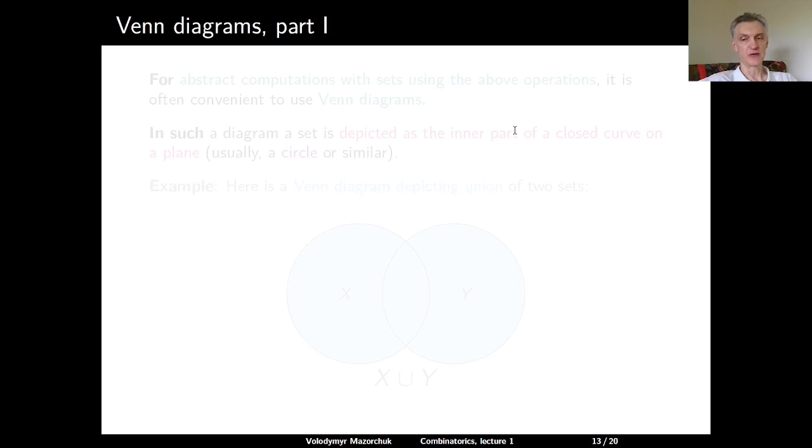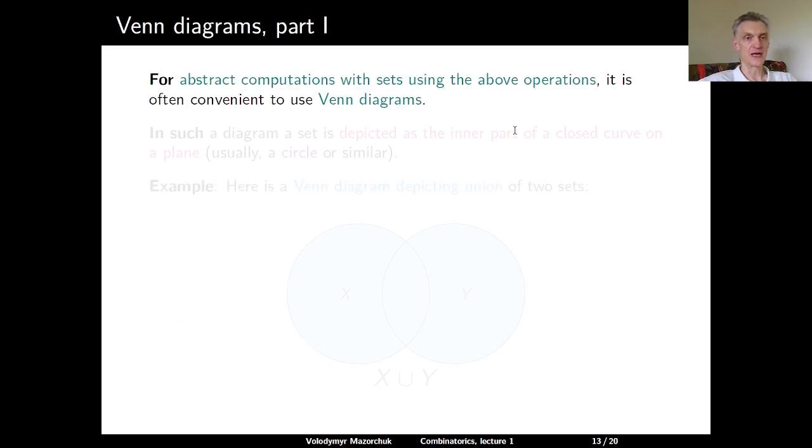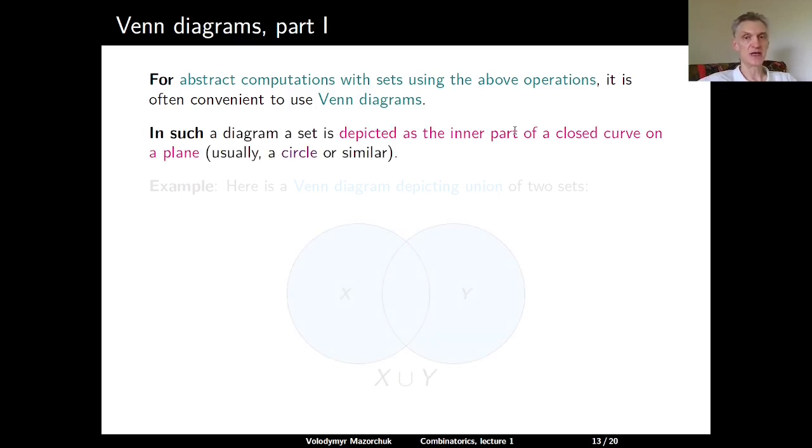Now let us briefly talk about Venn diagrams. For abstract computations with sets, using the above operations, it is often convenient to use the so-called Venn diagrams. In such a diagram, a set is depicted as the inner part of a closed curve on a plane. And usually this curve is a circle or something which is very close to a circle.